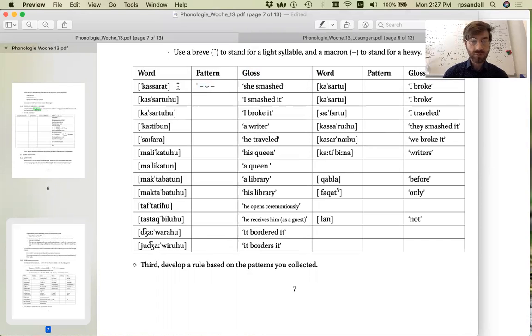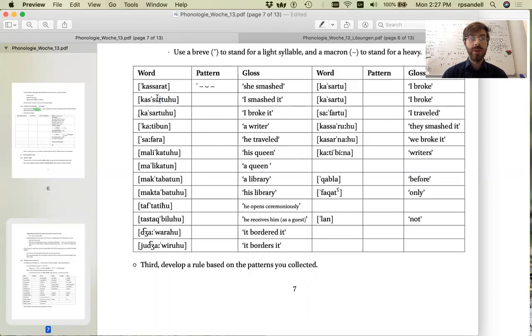But what we can see here is that if we look across the words, in words that have three or more syllables, the primary stress can be on the third to last or antepenultimate syllable. That's the case in kasarat or kasartuhu.